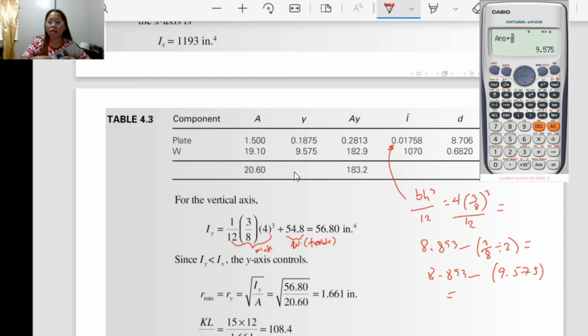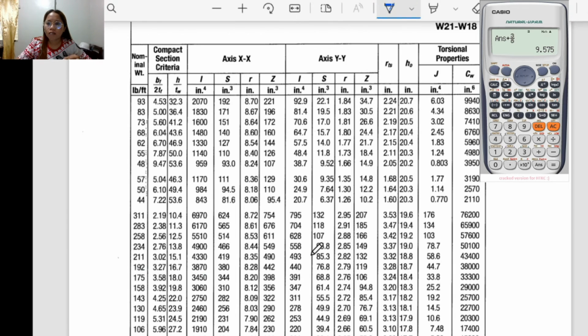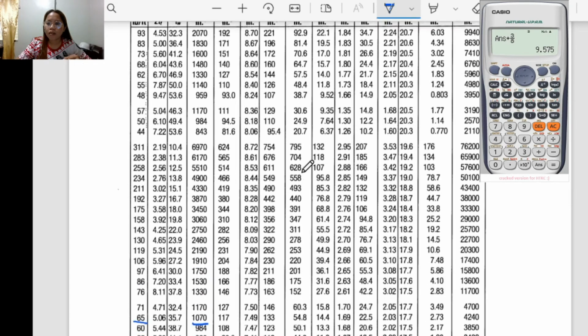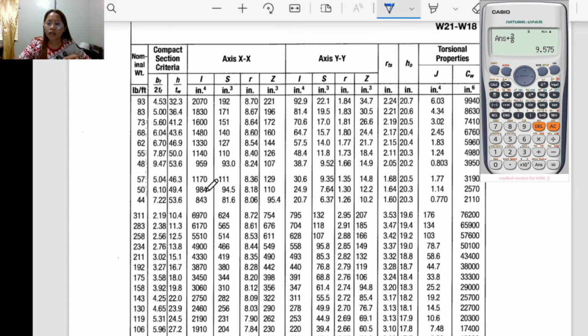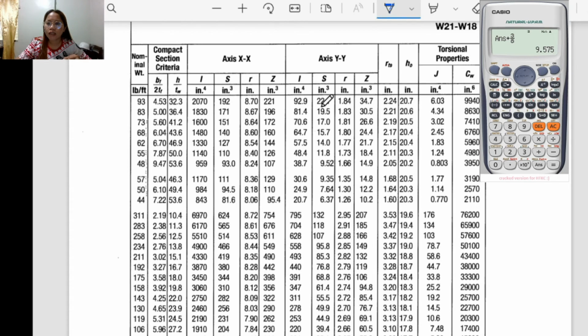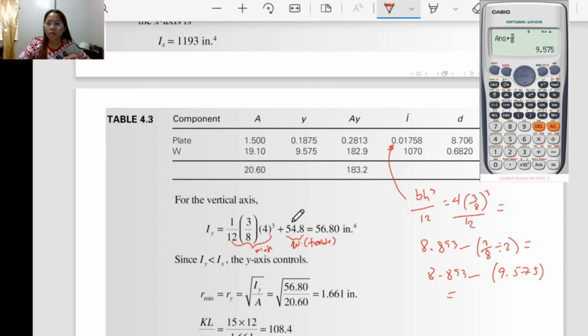Table AISC manual. So, if you look at it, the moment of inertia of the W18/65 is 54.8 in axis YY. So, plus 54.8. So, this is for the plate.